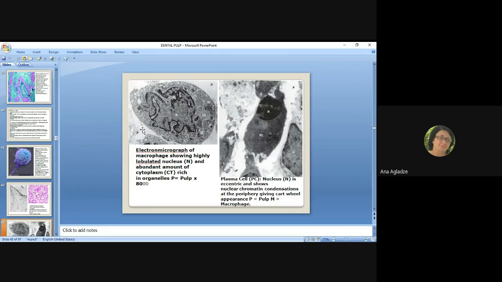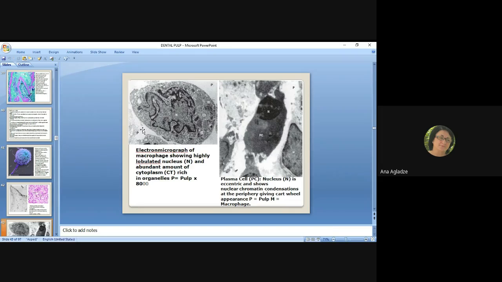And you know that histamine is a very potent vasodilator and inflammation mediator, and they can cause the inflammation process when there is infection. All these three types of granulocytes are phagocytic cells.